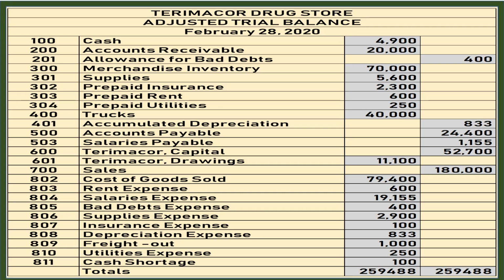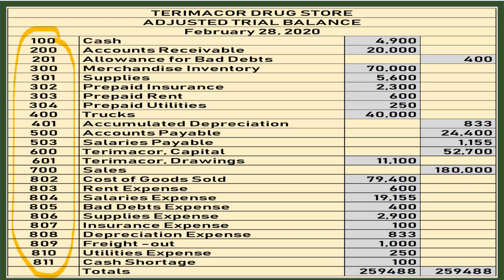Balances in the ledger. This will be the adjusted trial balance of Terimacor for February 28, 2020. So the accounts now are arranged according to how they are presented in the financial statements.